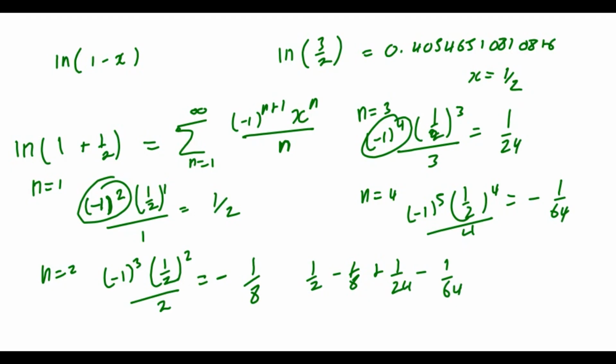Okay, so the value that I'm finding here, I don't know if you're finding the same, you're finding 0.40104116, something like that. So observe this is closer to the actual value that we have.